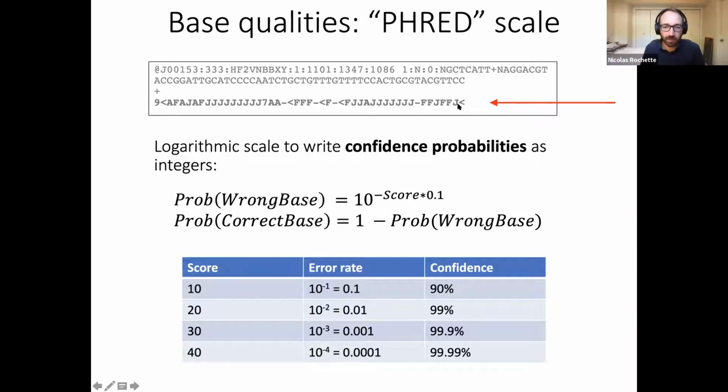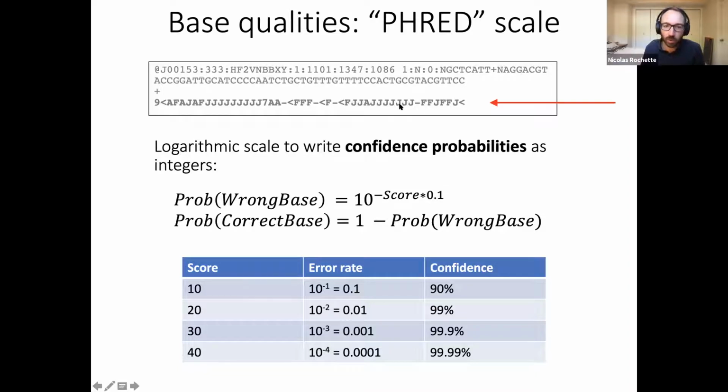And this is not meaningful by itself. So I'm going to spend just a few minutes explaining what this actually refers to, and the fact that it ends up being just a quality.